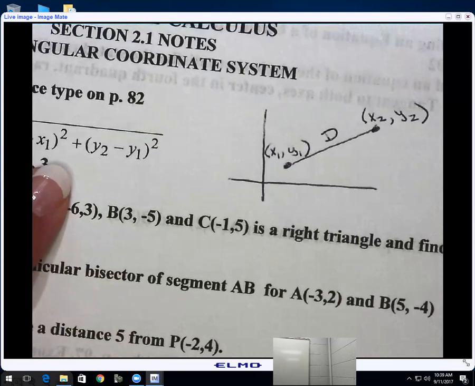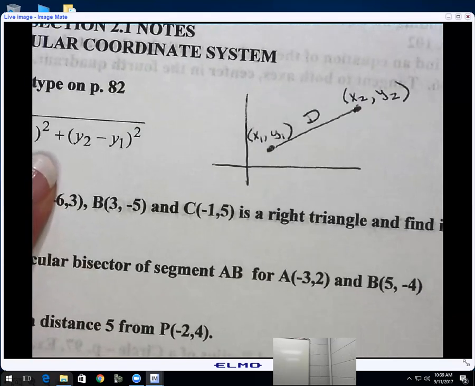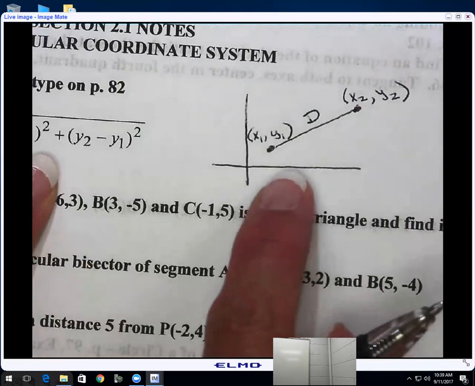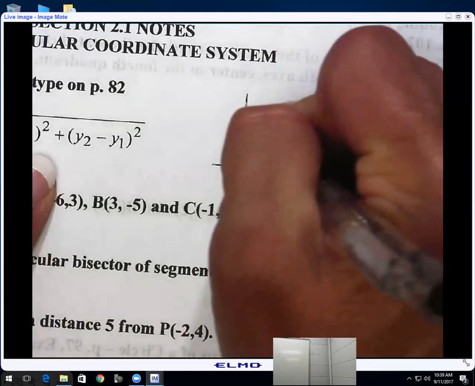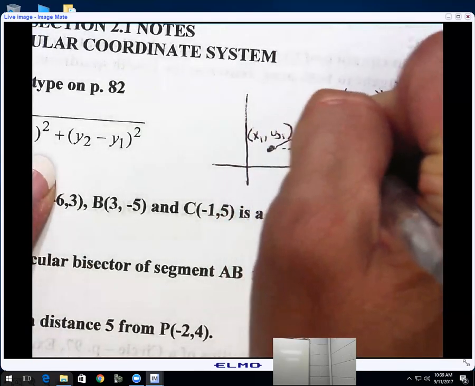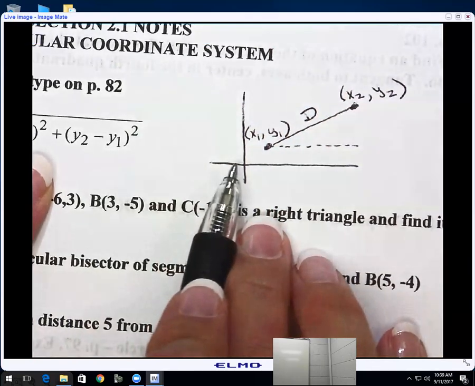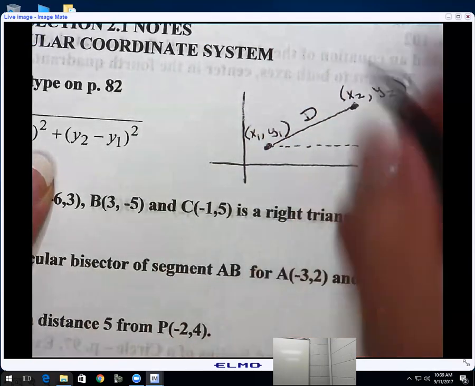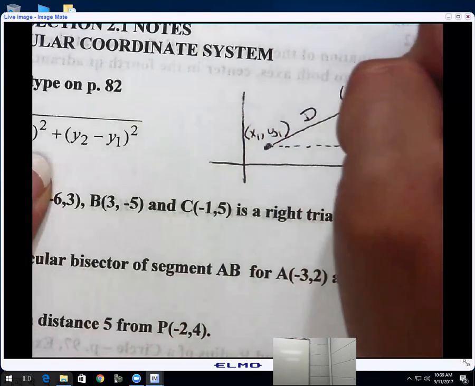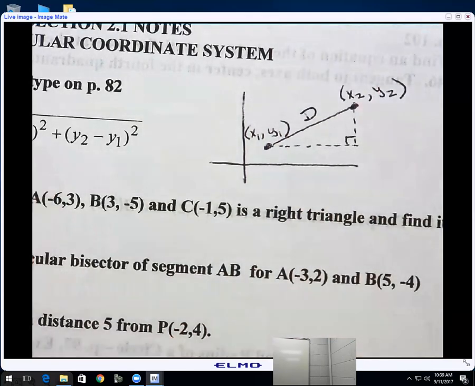If you think about what you know from geometry, you could form a right triangle by drawing a horizontal line from that first point to directly under the second point, and then dropping down a vertical line. You've got a right triangle there.